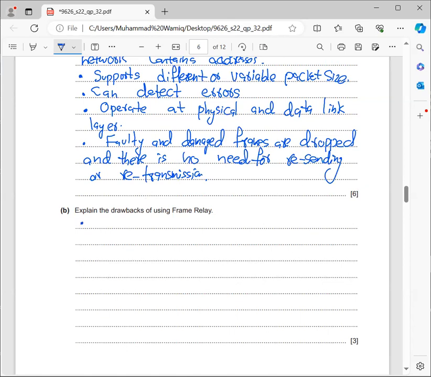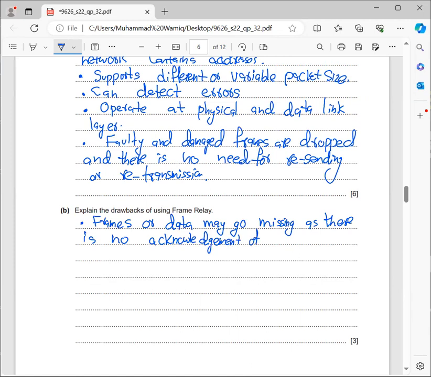First point, I can say that frames or data may go missing as there is no acknowledgement of received packets. Even if the packets are received, there should be some sort of acknowledgement that, okay, I have received that.